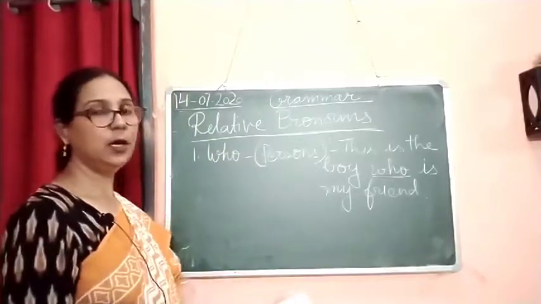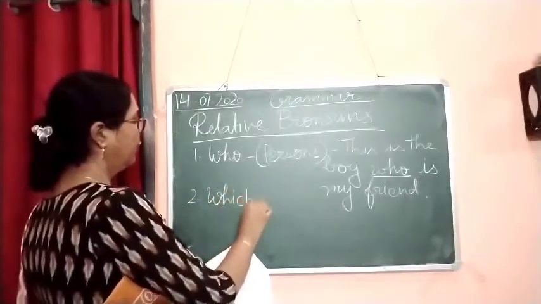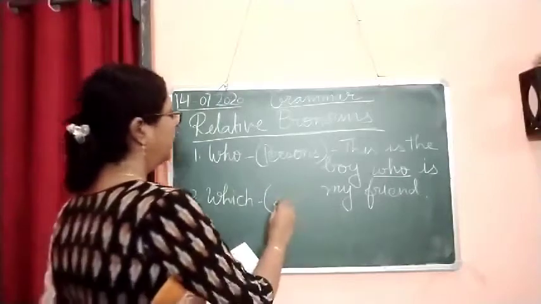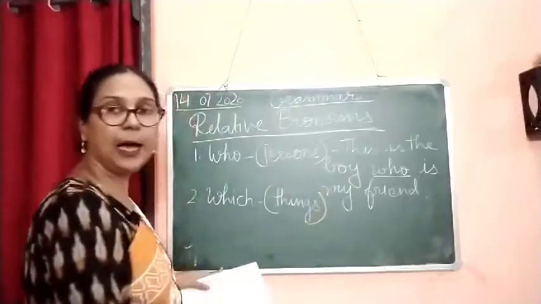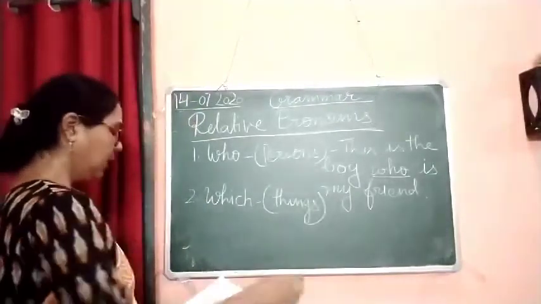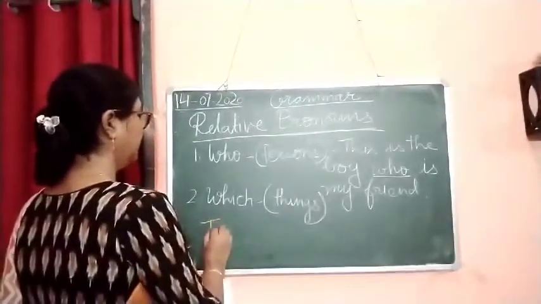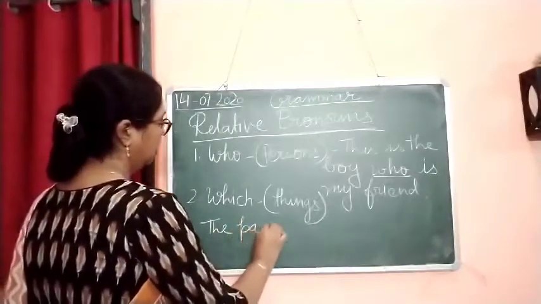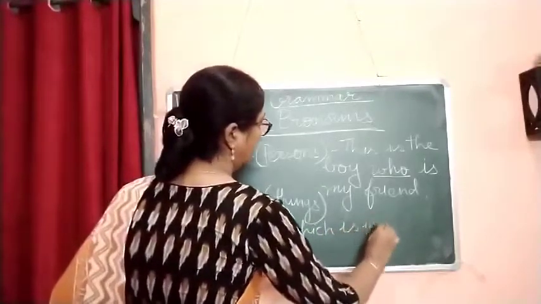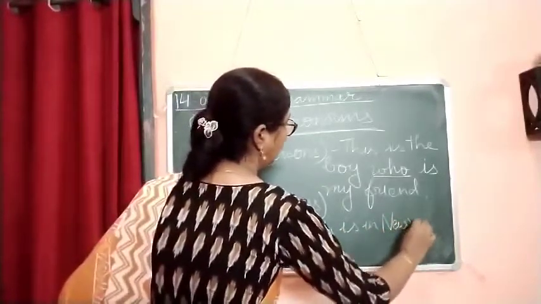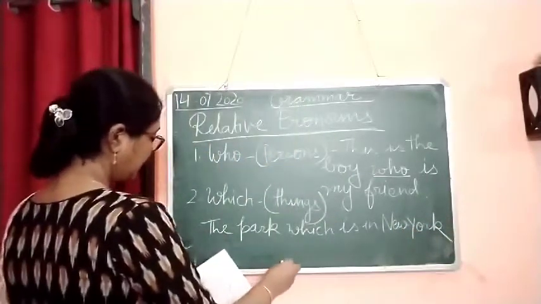And the second word is which. Which is used for things. An example I am going to give you: the park which is in New York is Central Park.